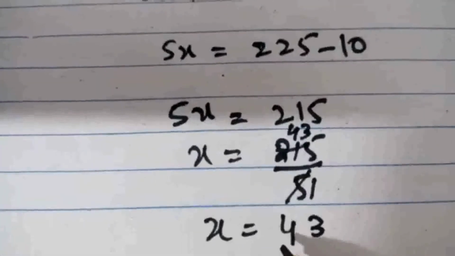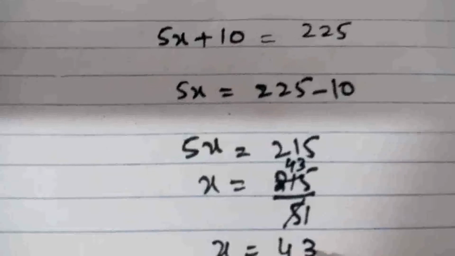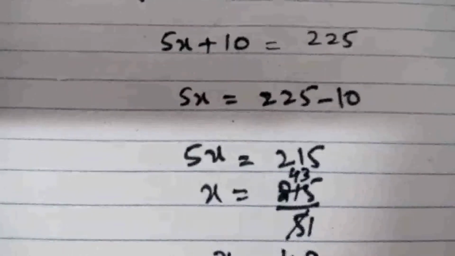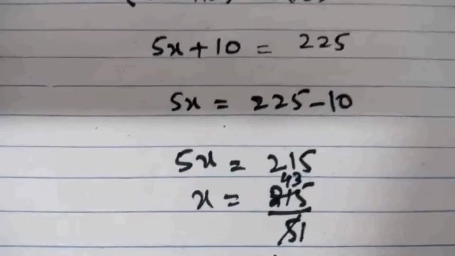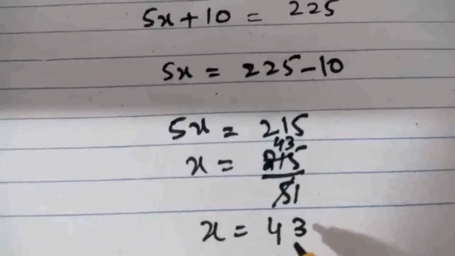Whether this is the correct value or wrong, we will go for the verification also. We do a verification in the simple equation as well as in that kind of equation where the radical is involved, to see whether the value of x is correct or wrong. For that we work on the question once again.